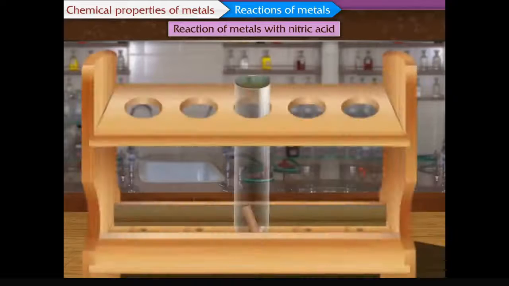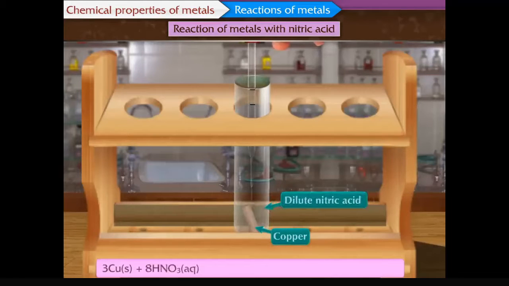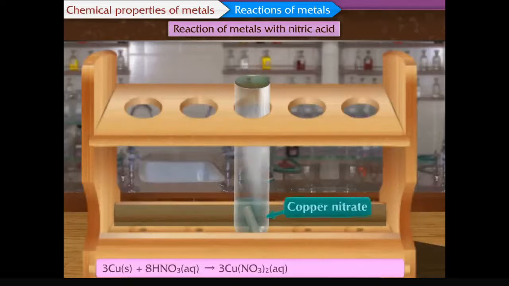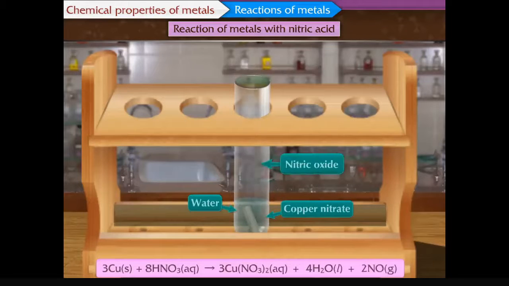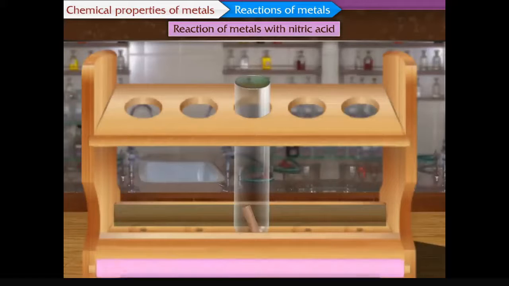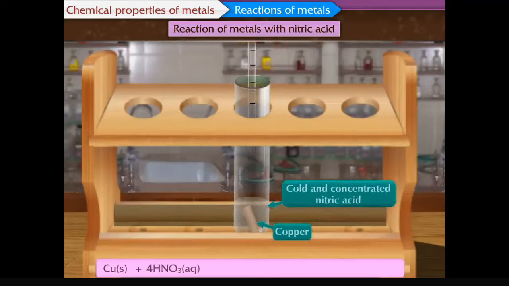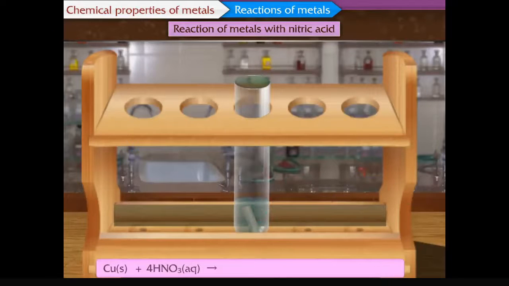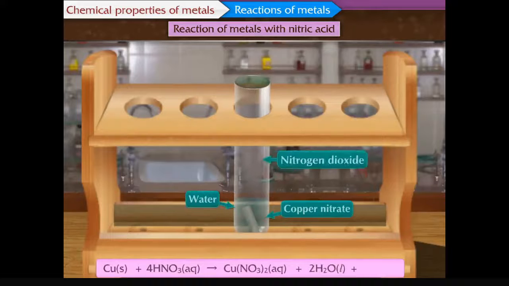For example, copper reacts with dilute nitric acid to give copper nitrate, water, and nitric oxide. Copper reacts with cold and concentrated nitric acid to give copper nitrate, water, and nitrogen dioxide.